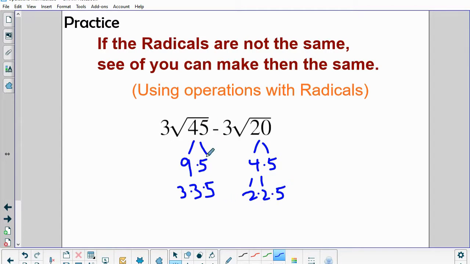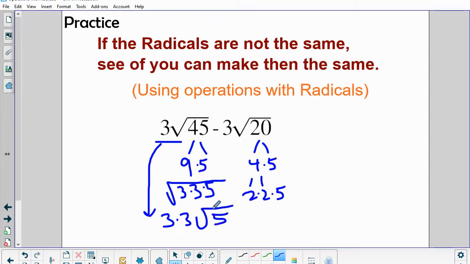So when we combine all of these together on this first one, we got the radical here. We're going to take out one of those 3's, and it's going to go out in front and be multiplied by this 3. So we'll bring this 3 down here, and we'll have 3 times the square root of 5, because one of those 3's came out.